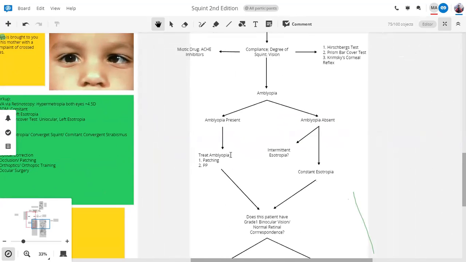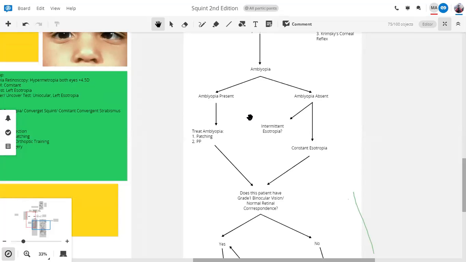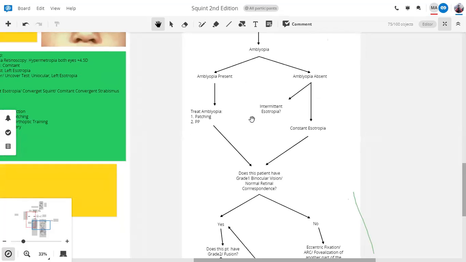If amblyopia is present, we will treat amblyopia by occlusion. We can do patching or pharmacological penalization. If amblyopia isn't present, then we have to assess whether this patient has good binocular vision, because the ultimate goal of squint therapy is to make sure that the patient has binocular vision. He is seeing with one eye anyway, but we want the patient to have binocular vision.